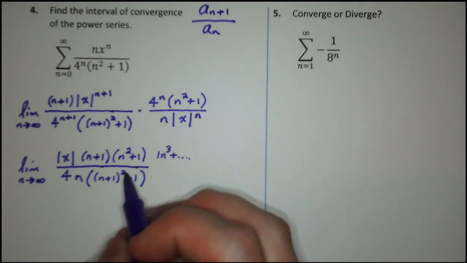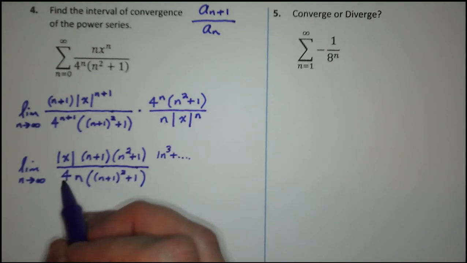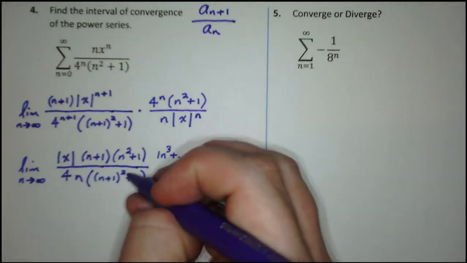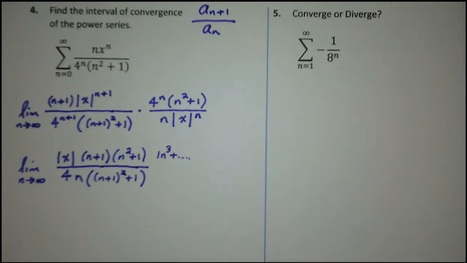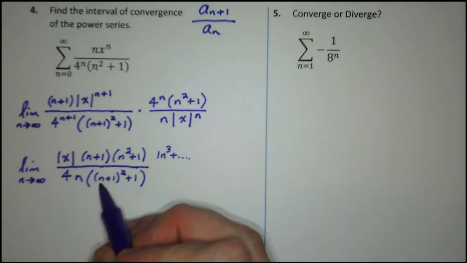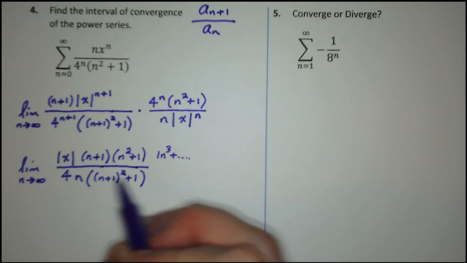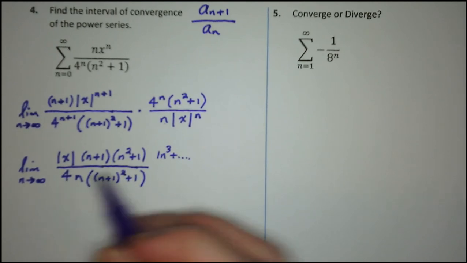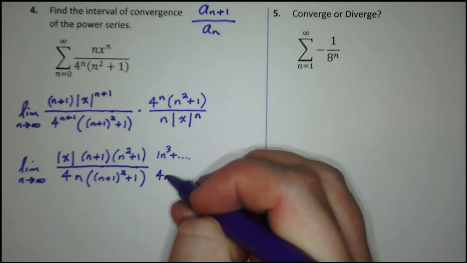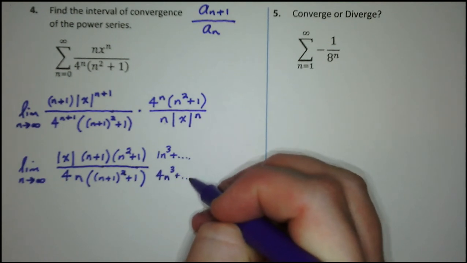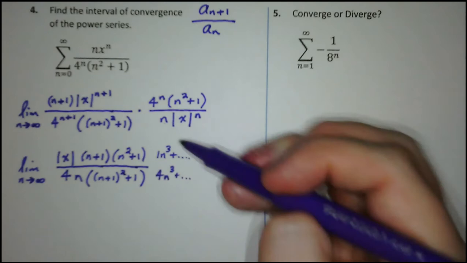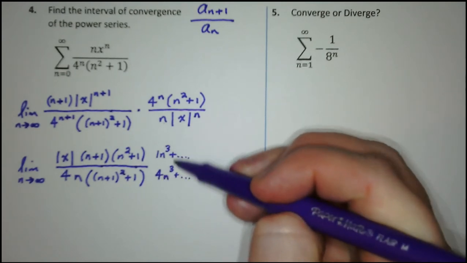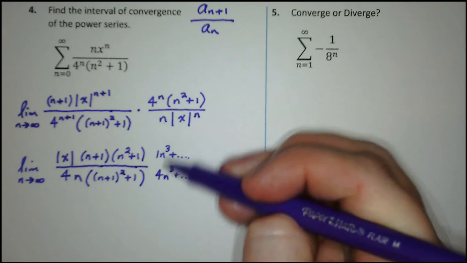Down here, you got a 4 down there, so when you FOIL all that, that's a 2. You'll have n squared here with a bunch of other stuff, but then multiplied with this 4n, you're going to have 4n cubed plus blah blah blah. So ultimately, letting n approach infinity, you're going to end up with 1 over 4.